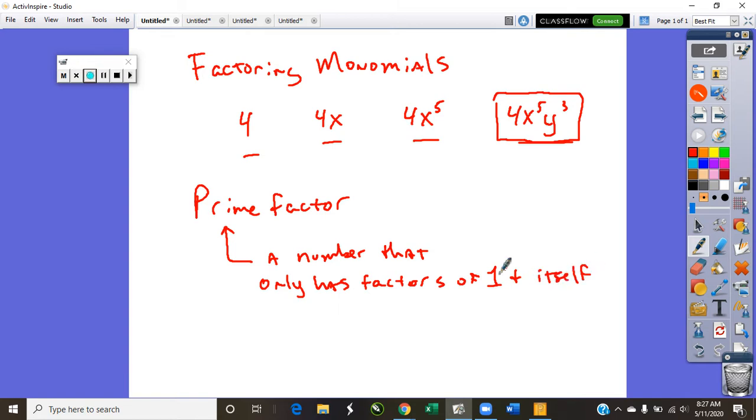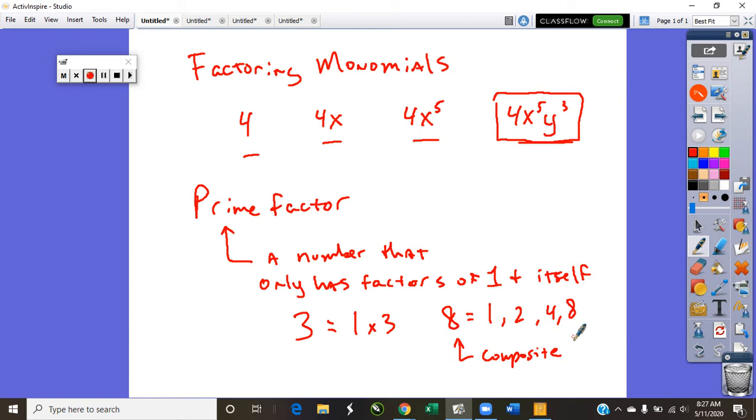In other words, like let's say the number 3. The only numbers I can multiply to get 3 are what? 1 and 3. That's considered a prime number. But something like 8, well, I can multiply more than just 1 and 8, can't I? I can multiply 2 times 4. This would not be a prime number. This would be a composite number.